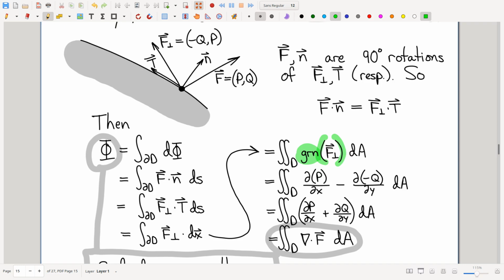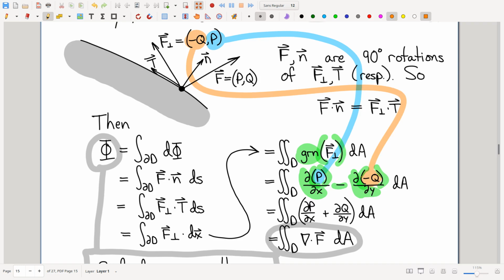Stuff like that. It's the x partial of the second coordinate minus the y partial of the first coordinate. So keeping in mind x partial of the second coordinate, well, our second coordinate is P, right? And then minus the y partial of the first coordinate, well, our first coordinate is minus Q. Right? So when we say we want to compute Green's operator of this vector field F perp, that's what it ends up being.